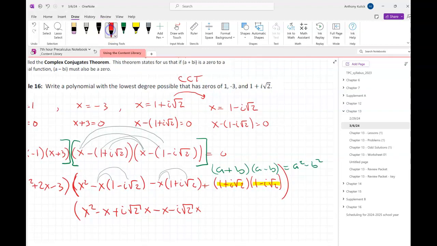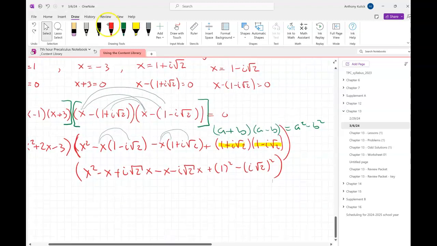So rather than FOILing this here, I'm just going to write it that way. Now you could FOIL that out and you'll get the same result. Things will cancel out, but save yourself the grief. This is one of the advantages of keeping this all together like we've done. It just makes life a little bit easier to handle.